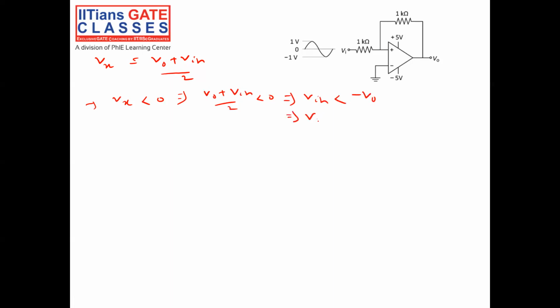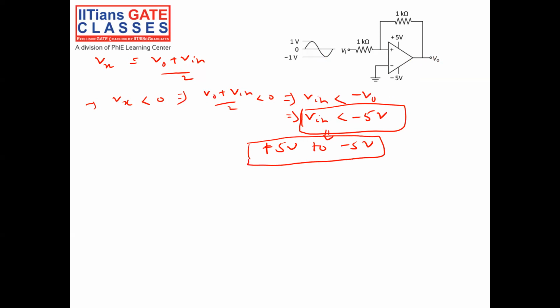This implies Vin is less than minus 5 volt. So if my V0 is 5 volt, when my Vin becomes a little less than minus 5 volt, this is the condition, my output will change from plus 5 volt to minus 5 volt.